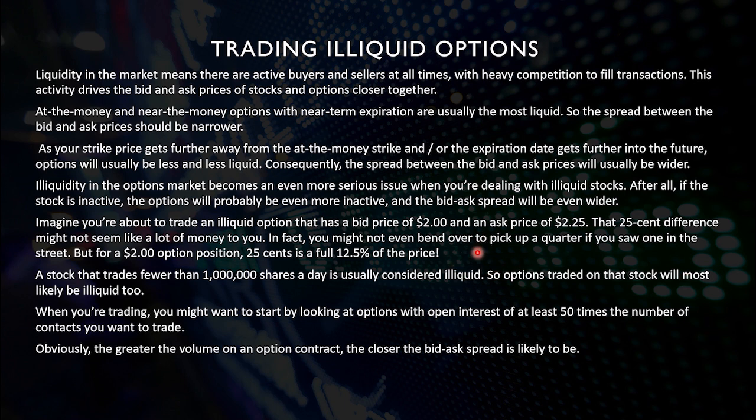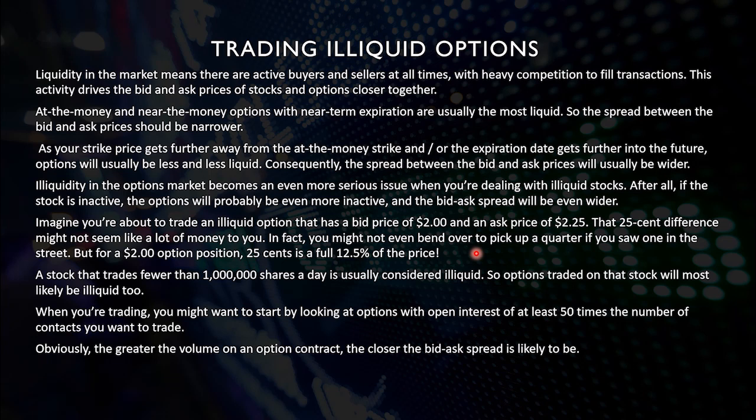So let's look at a quick example. Imagine you're about to trade an option that has a bid price of $2 and an ask price of $2.25. That's a 25 cent difference, and it might not seem like a lot of money to you. In fact, you might even bend over to pick up a quarter if you see it on the street.